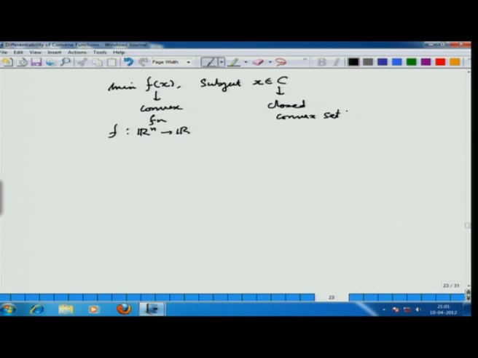What is the necessary and sufficient optimality condition? Write down the necessary and sufficient optimality condition, that is what we wanted.